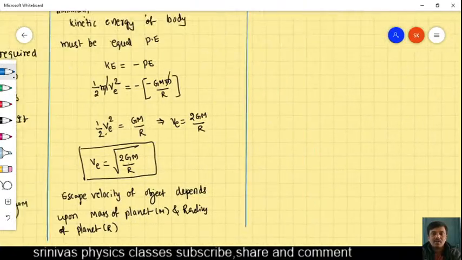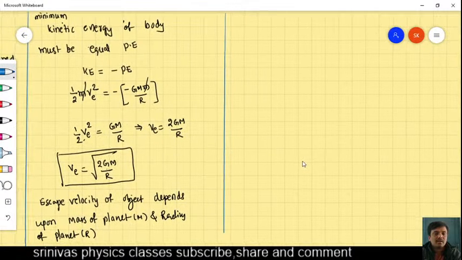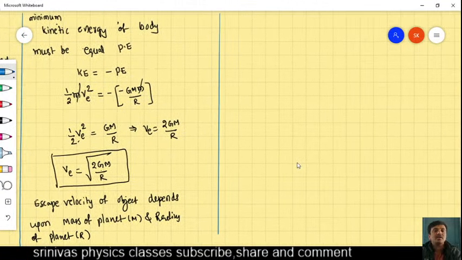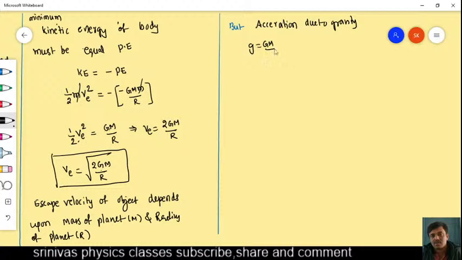We derived the escape velocity formula, right? This is the formula for the escape velocity. Now I want to find out the escape velocity formula in terms of acceleration due to gravity. We know the acceleration due to gravity formula on the surface of Earth or any planet: small g is equal to capital G capital M by R square.